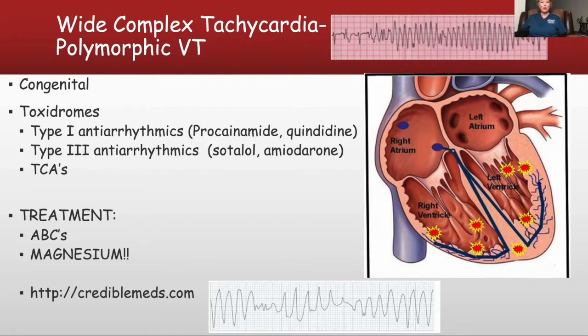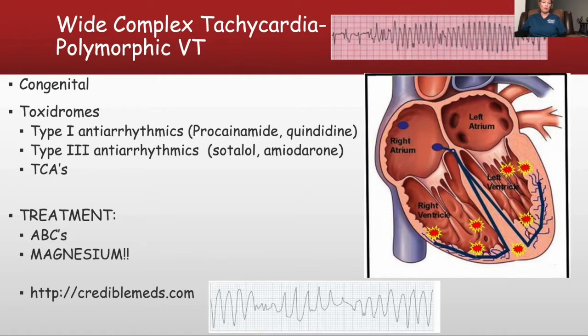That is very important to note and differentiate, because amiodarone, the treatment for monomorphic ventricular tachycardia, actually works as a potassium efflux blockade, and it works by prolonging the QT, and it has a very, very long half-life. And the last thing you want to do in a polymorphic wide complex tachycardia, or torsades in the example that you see, would be to give something that would prolong the QT.